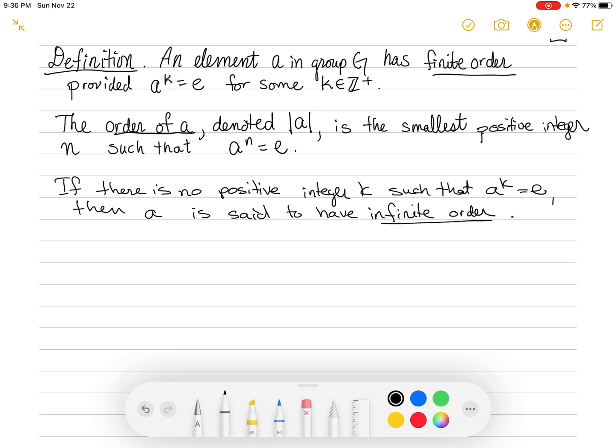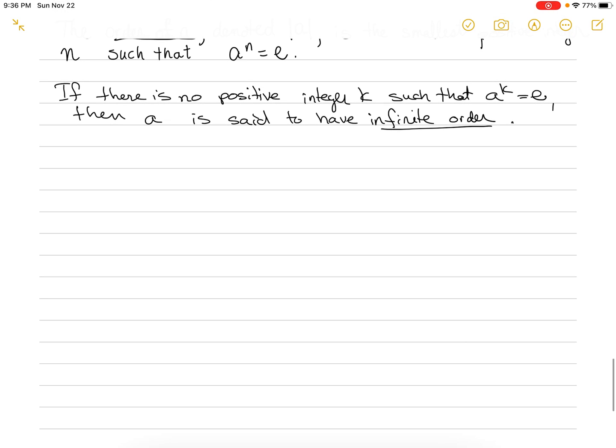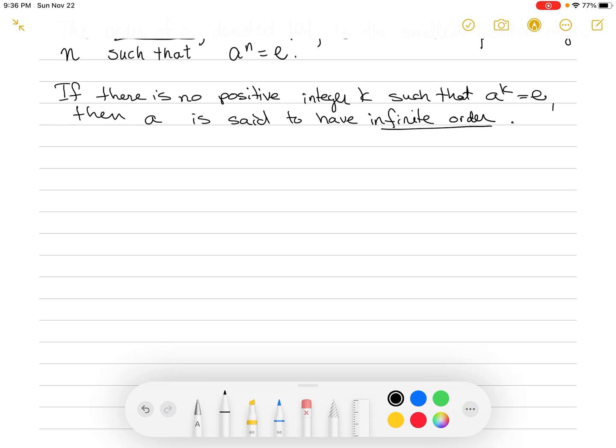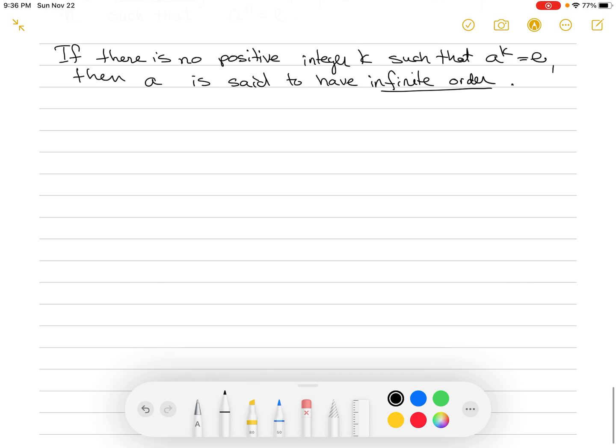Okay, so let's try to wrap our heads around this. Do some examples just for fun first. Examples. Determine the order of the element in the group.